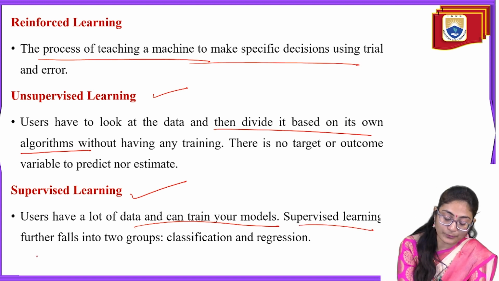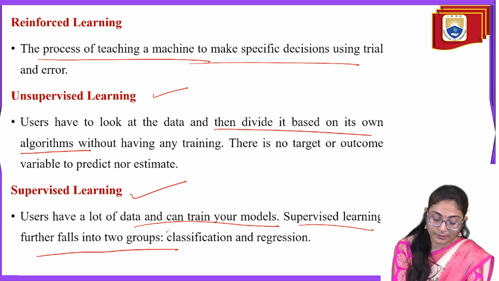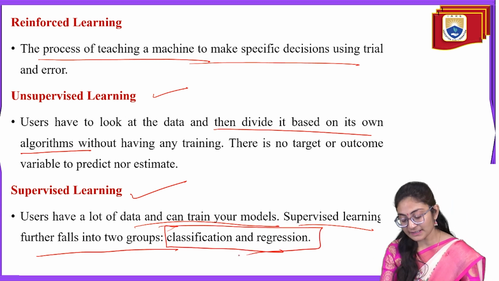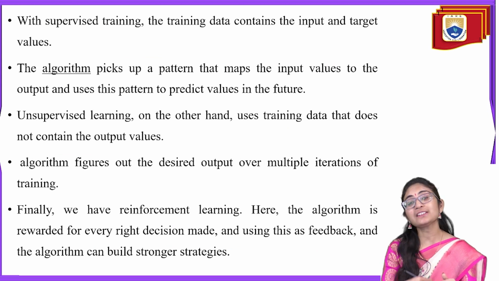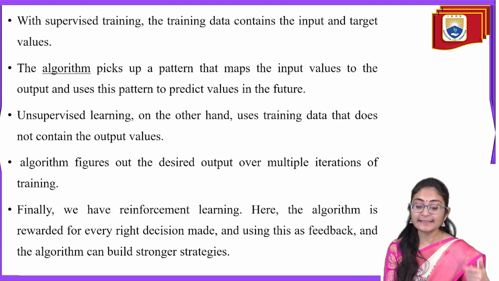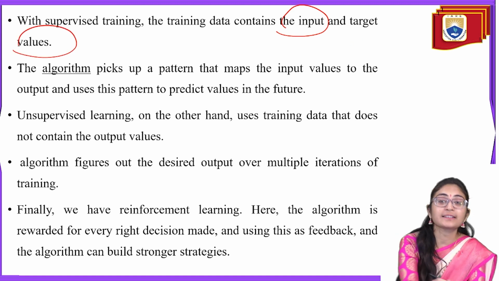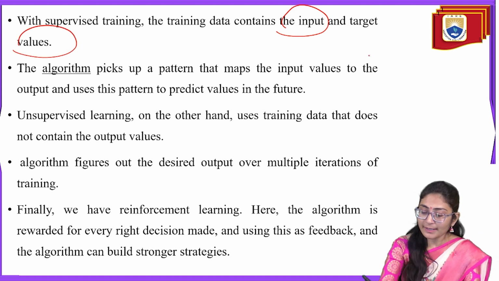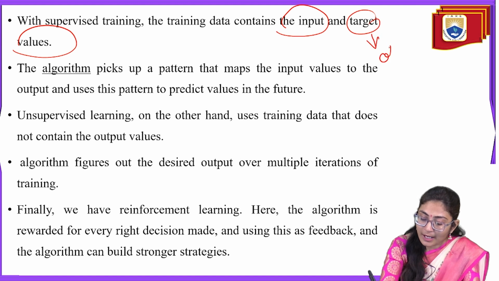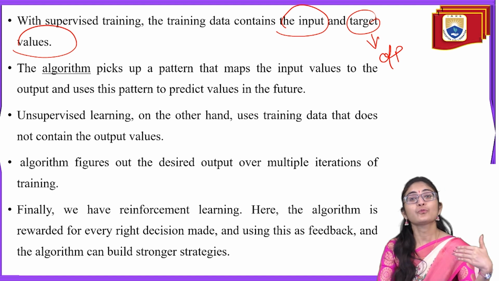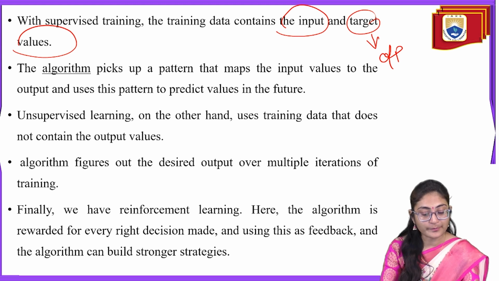Supervised learning falls into two types: classification and regression. With supervised training, the training data contains the input and target values, that is, the output. The algorithm picks up the pattern that maps the input values to the output and uses this pattern for predicting values in the future.